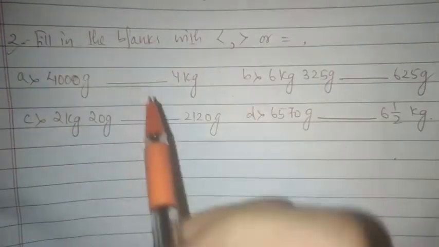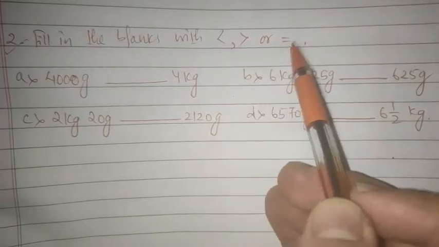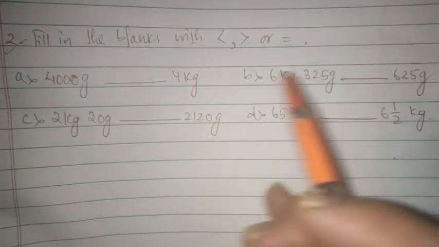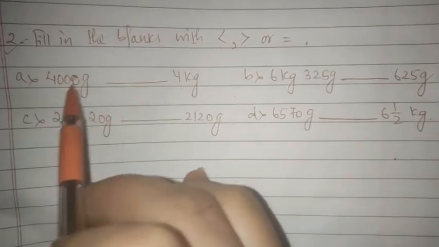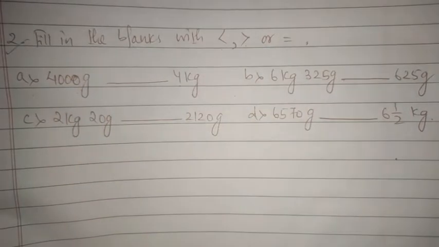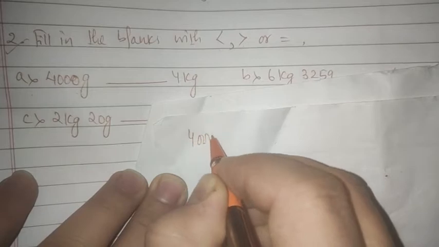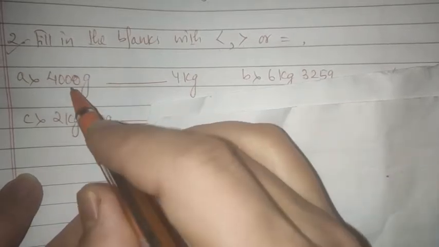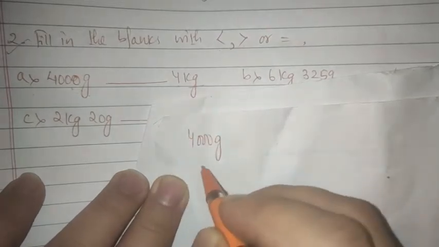Proceeding to question number 2, we have to fill in the blanks with less than, greater than, or equal to sign. This is very easy, right? Two values are there. Which one is bigger, 4000 or 4 kg? Just simplify this first, because 4000 looks bigger, but kg is the bigger unit, so you will try to compare.